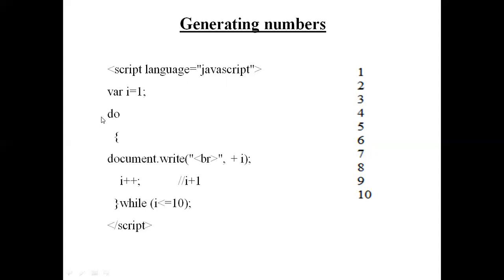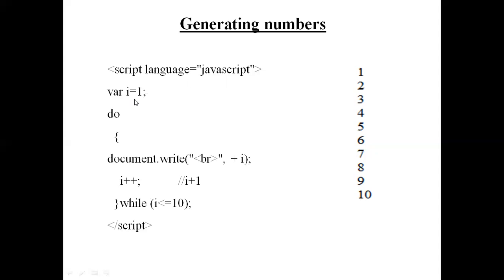In the earlier program there was while with the expression to be checked in brackets. Here it is do. What will it do in the loop? It will display, increment, and then outside the loop it will check. That is the syntax.